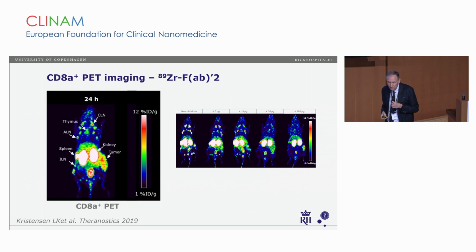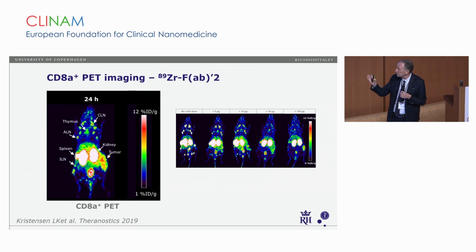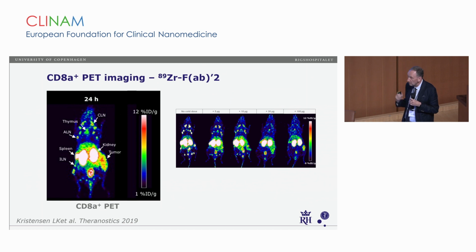So we started many years ago working with imaging of these 2 things, CD8, also CD4 actually, and this is just a very early image where you can see uptake in the lymph nodes, in the spleen, not surprising, but also in a tumor, in this case a hot tumor, where you had T cells, that's why there's a CD8 signal.